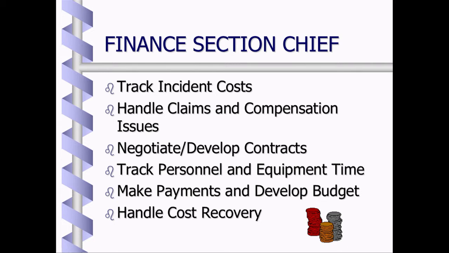Right now we're tracking everything. If this happens to become a disaster, and it has in some states, then there's a possibility of some cost recovery. So all the incident costs are going to the finance section chief, who is holding those and keeping track of those for a possibility of cost recovery.